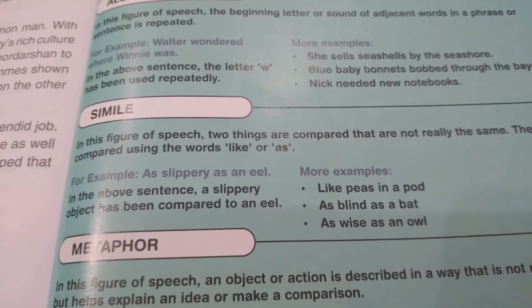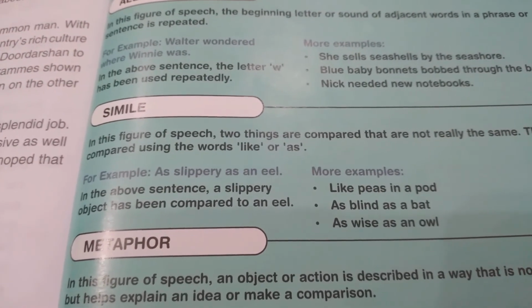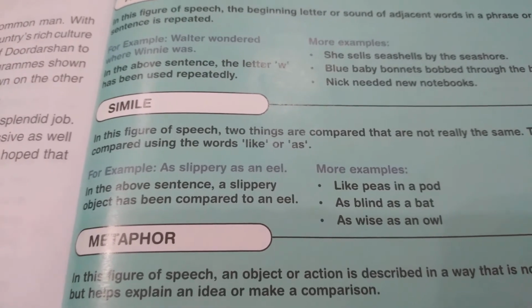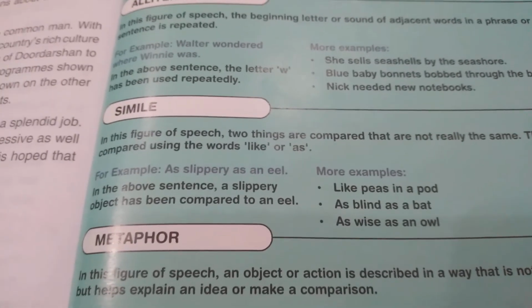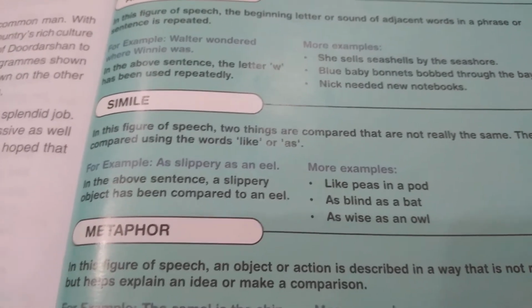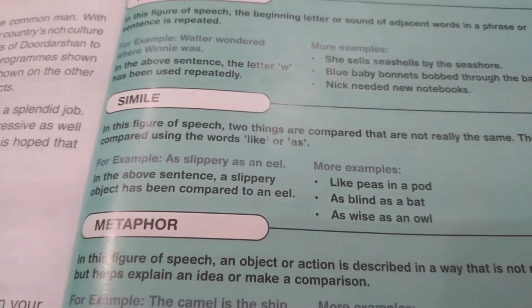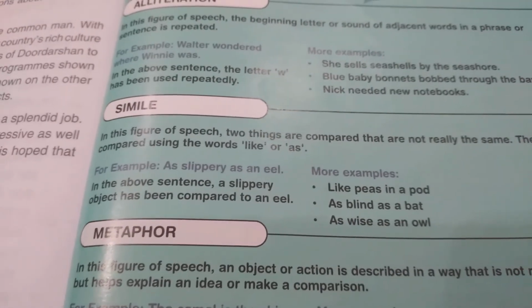For example, as slippery as an eel. In the above sentence, a slippery object has been compared to an eel, a very slippery animal. More examples: like peas in a pod, as blind as a bat, as wise as an owl.